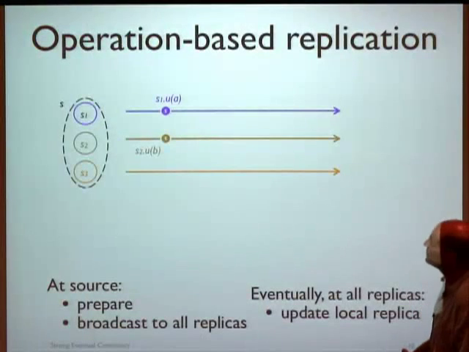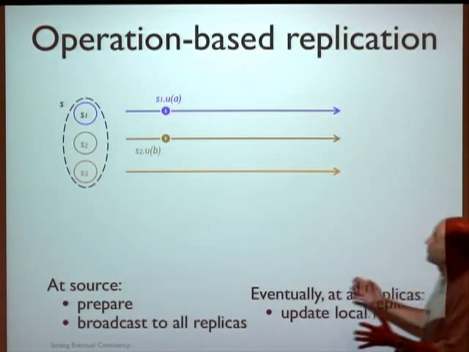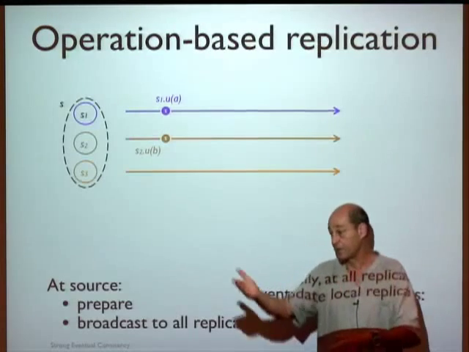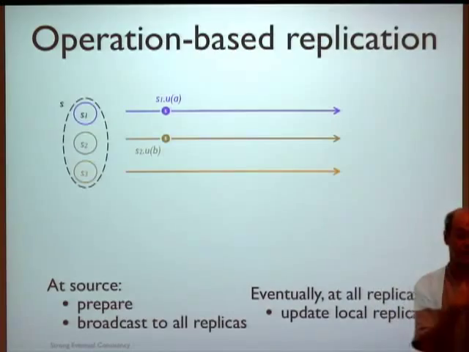So let's now look at the operation-based approach. Here we have two concurrent updates. In the operation-based approach, you don't send your full state because, as Tom noticed, that can be huge. Instead, you just send the update, and you expect all replicas to replay that update.